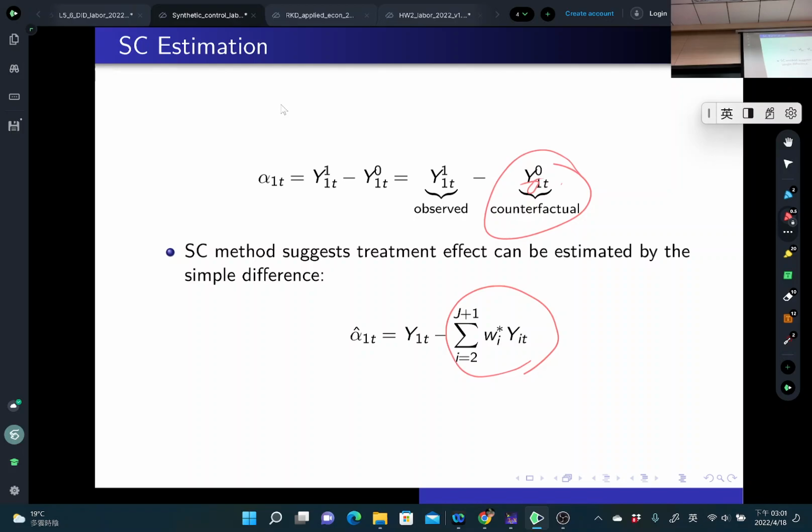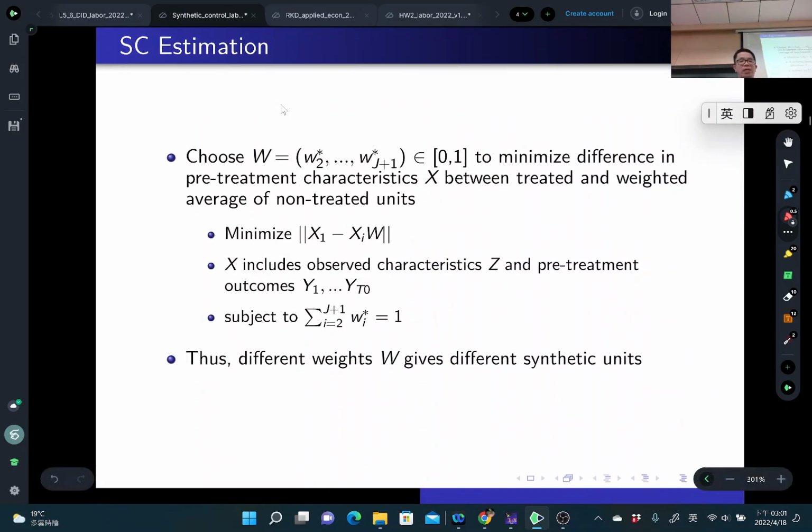We want to choose the weight that can reproduce the outcome before treatment happened for the treated unit 1, and other characteristics also. So how do we choose the weight? Each state, each unit, will receive some weight, between 0 and 1. Some states get 0 because their characteristics are very different from California.